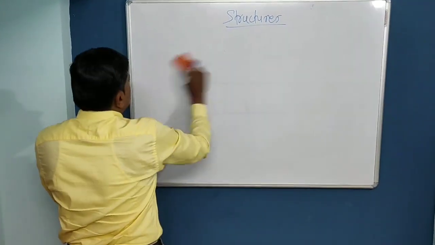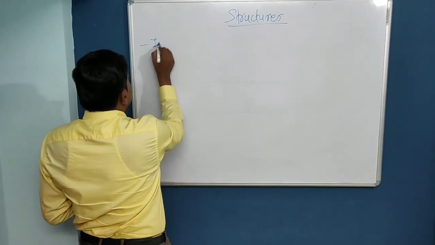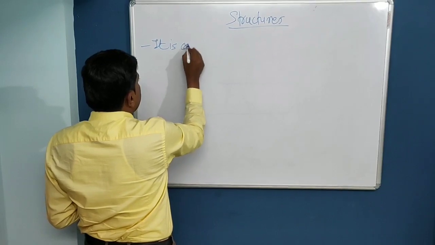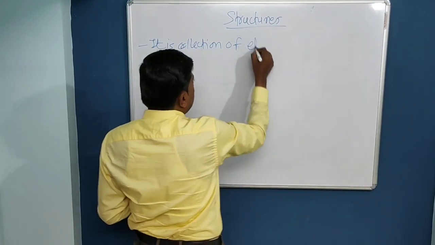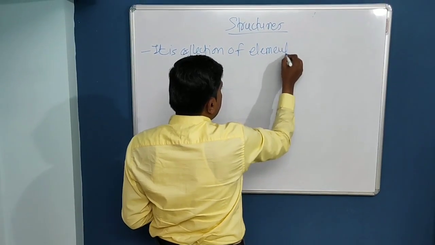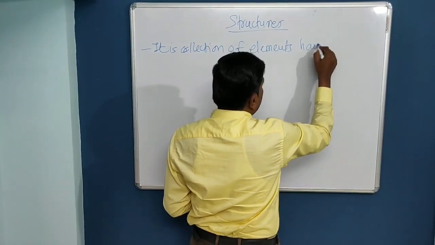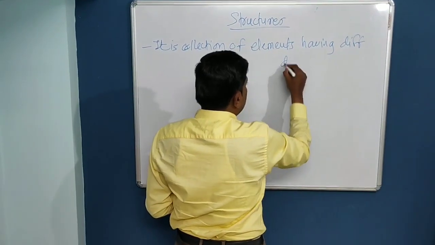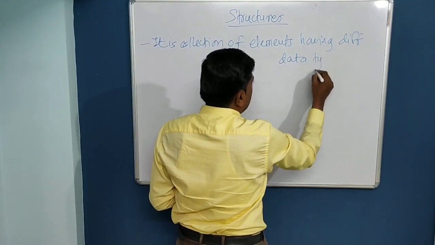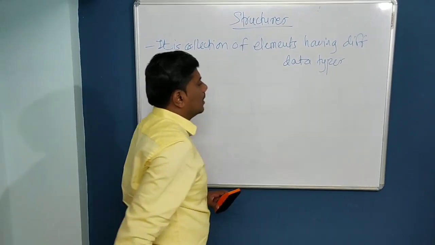So what is structure? Structure is a collection of elements having different data types.